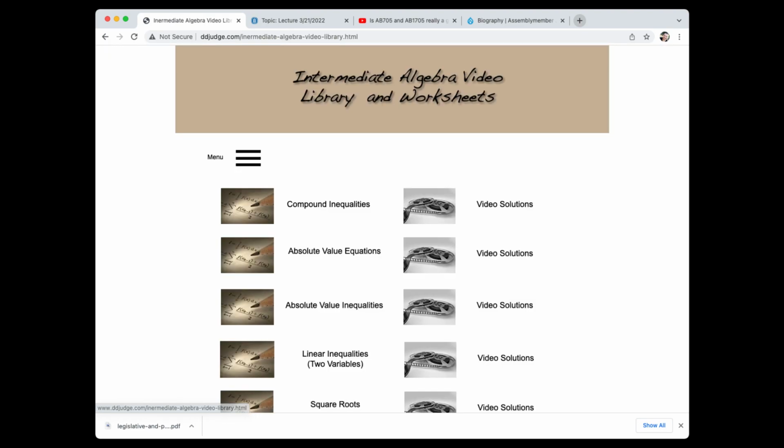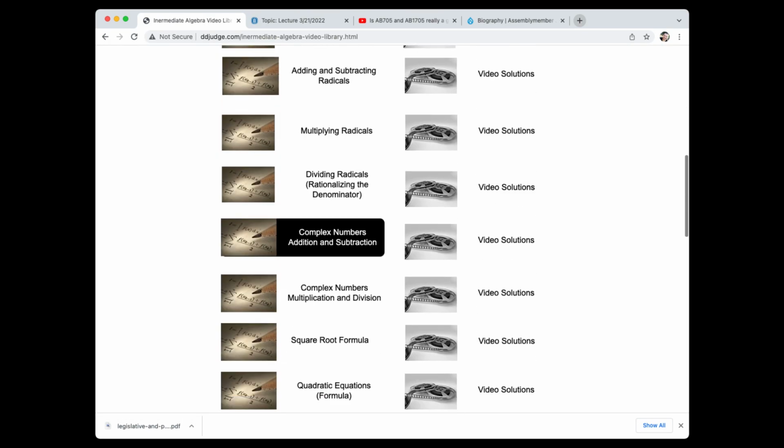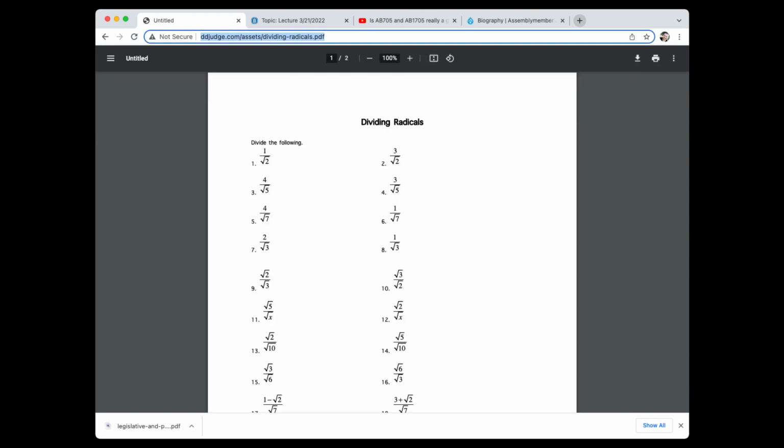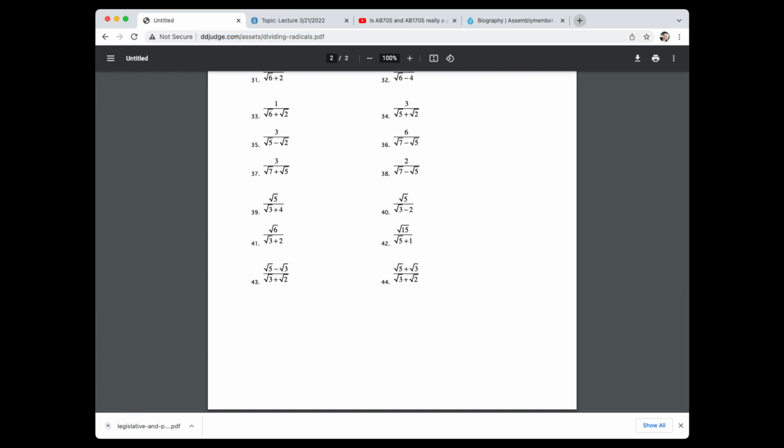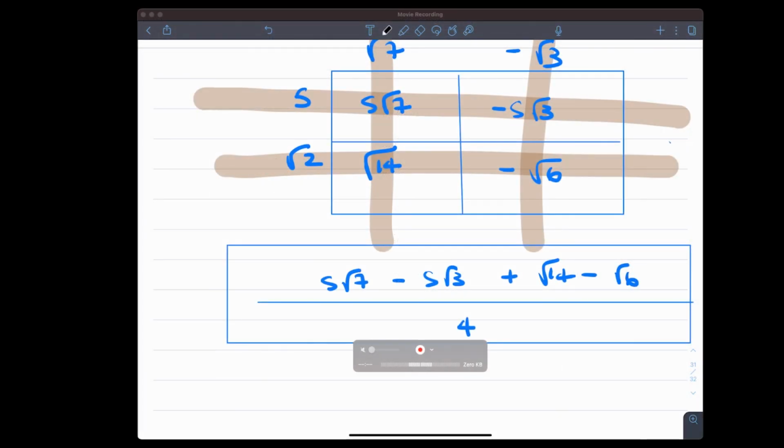Worksheets and videos. Dividing, rationalizing denominators. These are the kind of materials that you guys work with here. So what I want to do here is I'm going to take some questions, just to remind you guys I'm looking at these kind of things. Let's give you guys some examples.